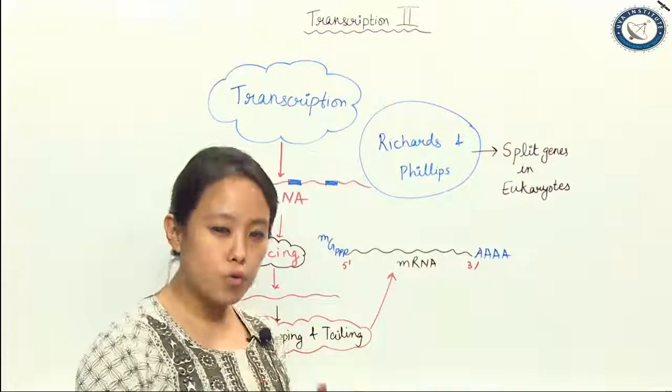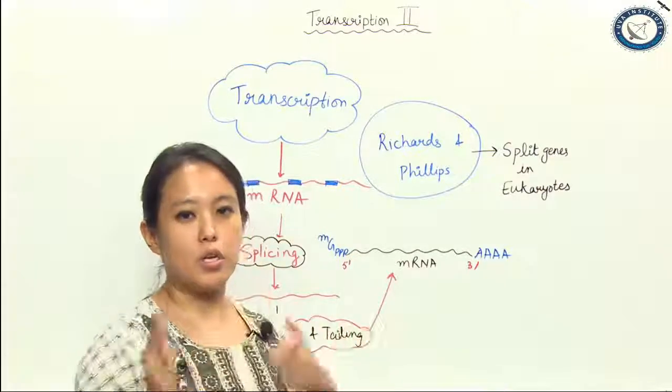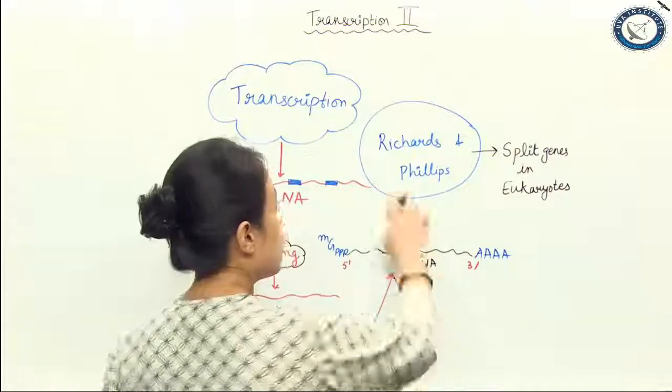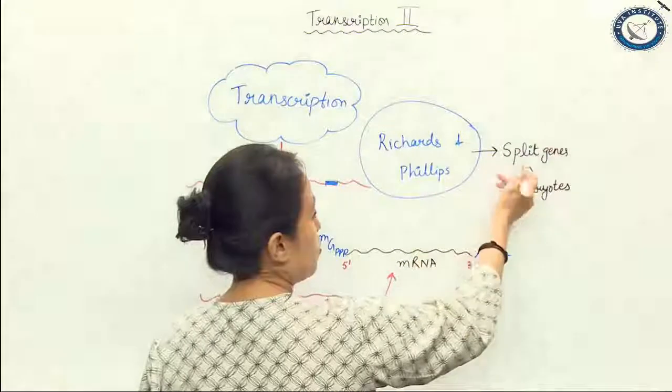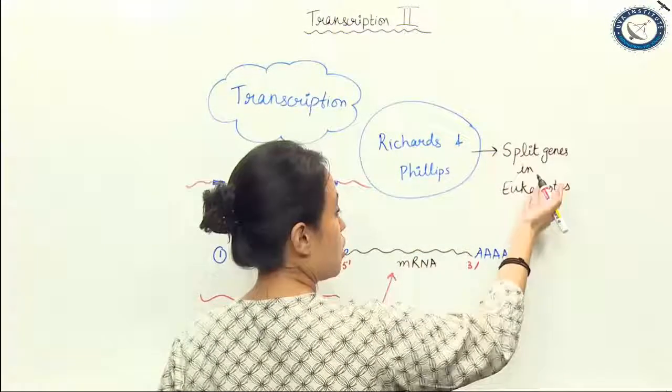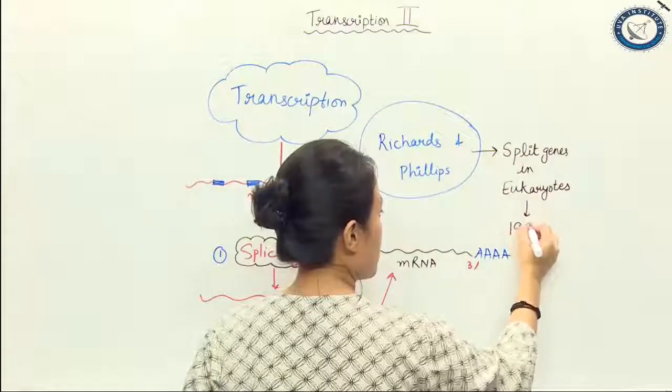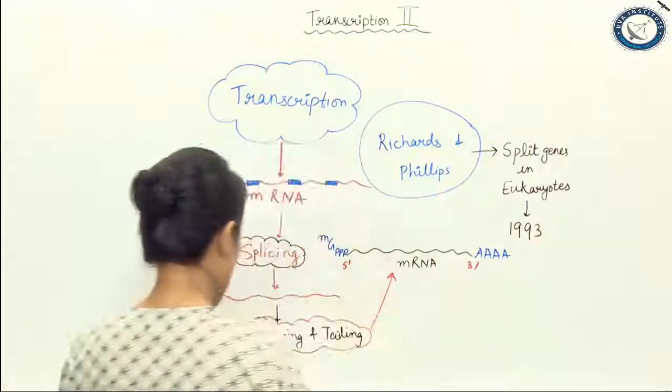Split gene means, of course, intronic regions and exonic regions, not a continuous region just like a prokaryote. They were awarded the Nobel Prize in 1993.